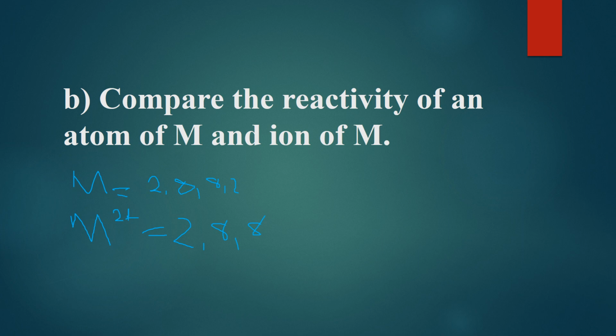Now let's answer the question. This neutral atom is unstable, hence it is more reactive. This other one, which is stable, is not reactive. So the ion is stable, that's why it is less reactive, but the neutral atom is unstable.